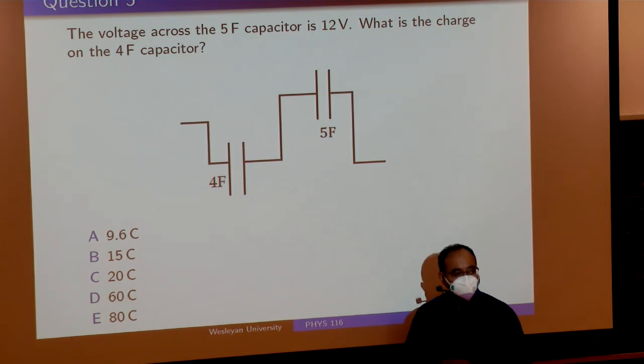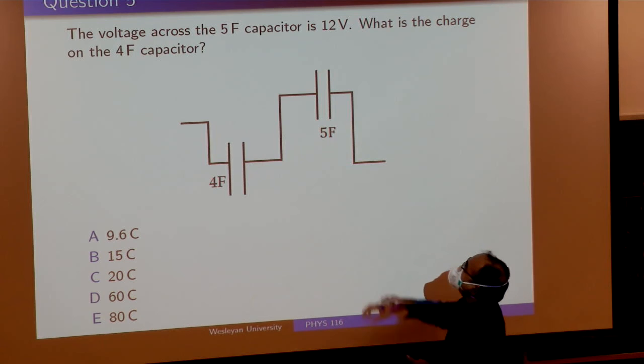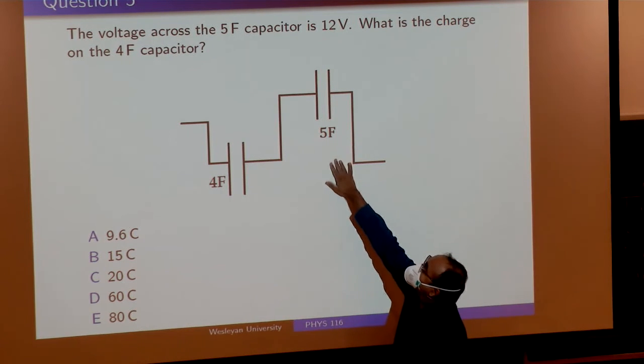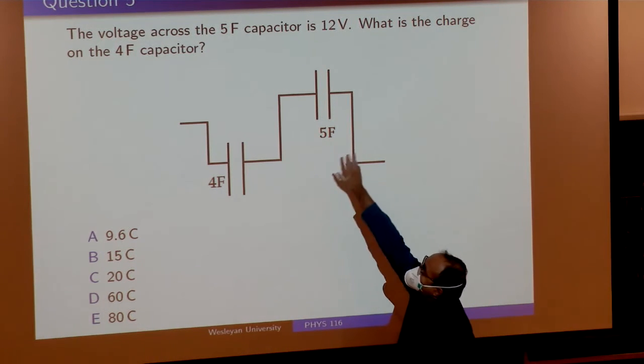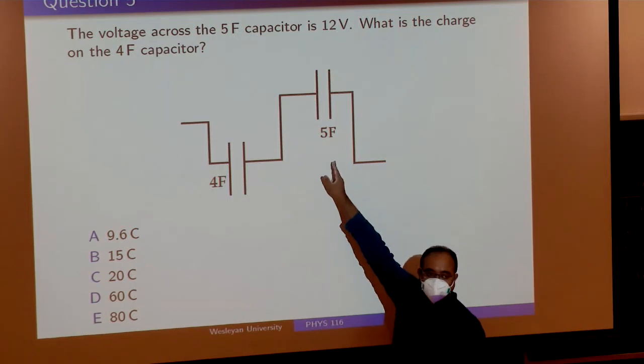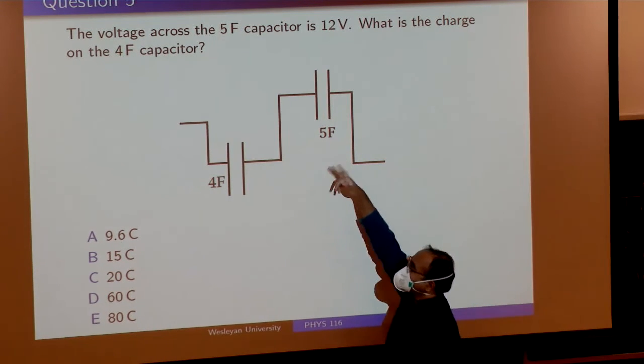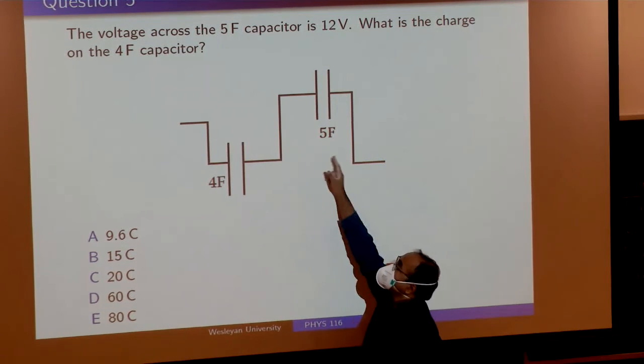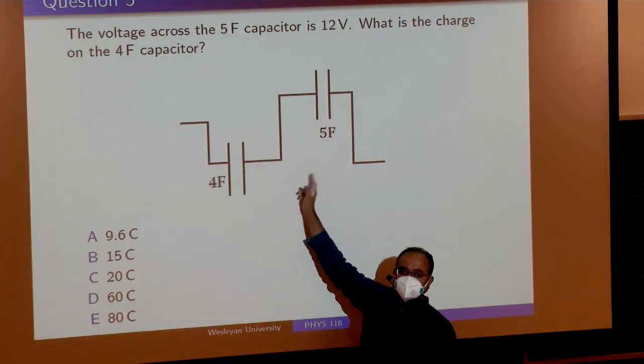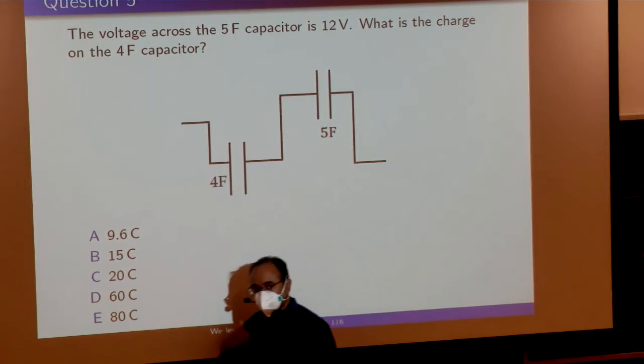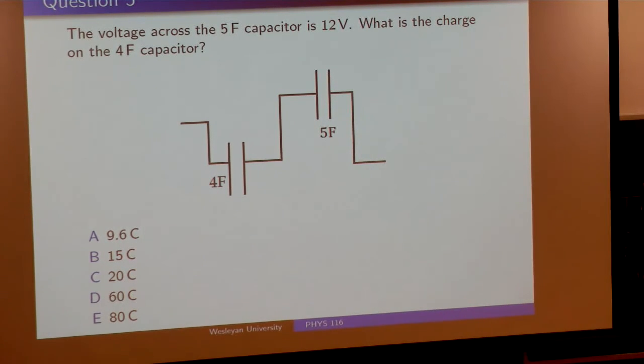Since 4 farad is in series with 5 farad, this charge will be the same. Exactly, yes. So using Q equals C delta V, 5 times 12 is 60 coulombs is the charge over here. And then, as I said, these two capacitors are in series, so they have the same charge. Questions?